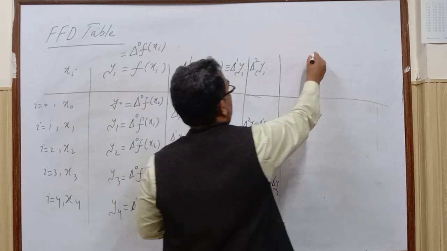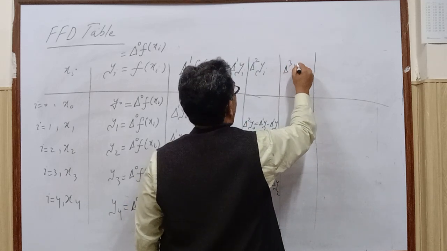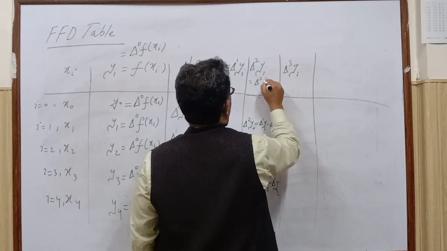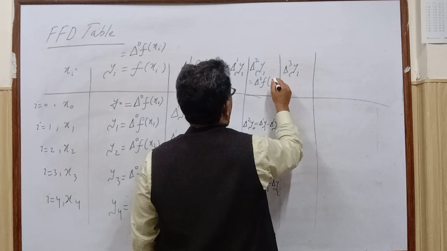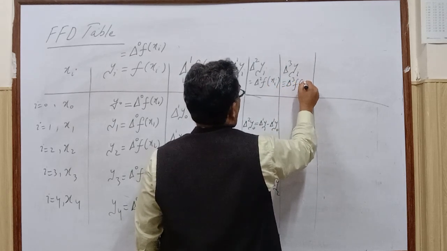Now for the third level, delta 3 yi, which is further written as delta 2 f of xi, and this is delta 3 f of xi.